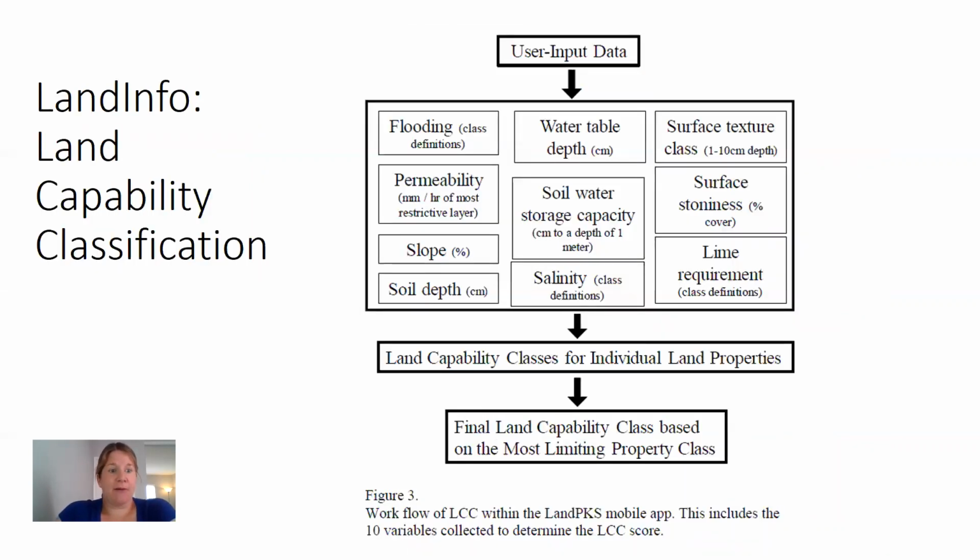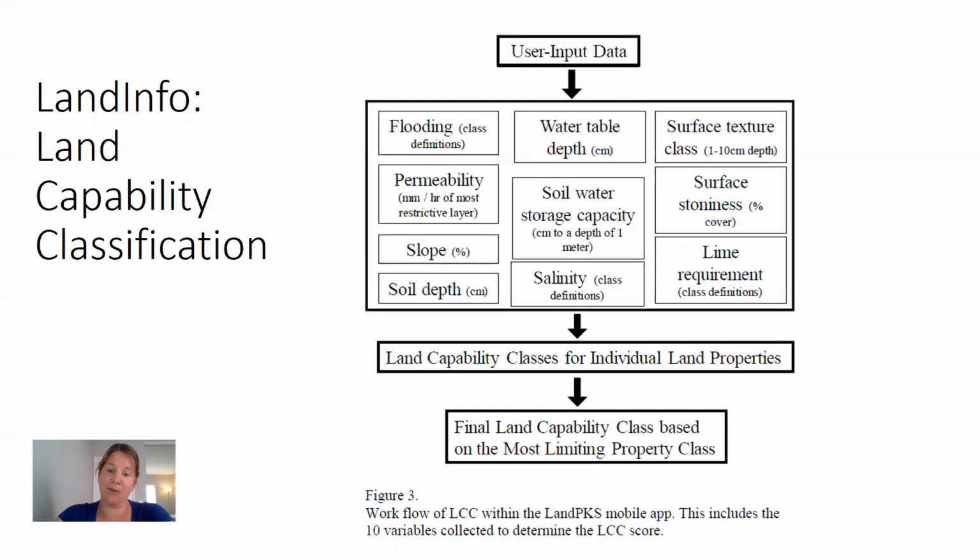So basically how the land capability classification works is you input your data. In the middle box here, these are the different fields that you input data on. So what's the soil texture? What's the surface stoniness? What's the slope? And these are all designed to be collected without any technical scientific instruments.